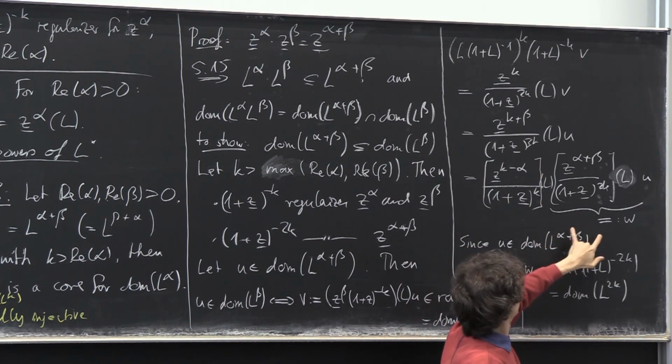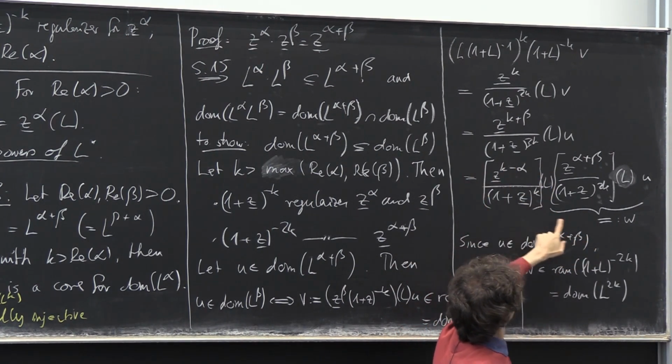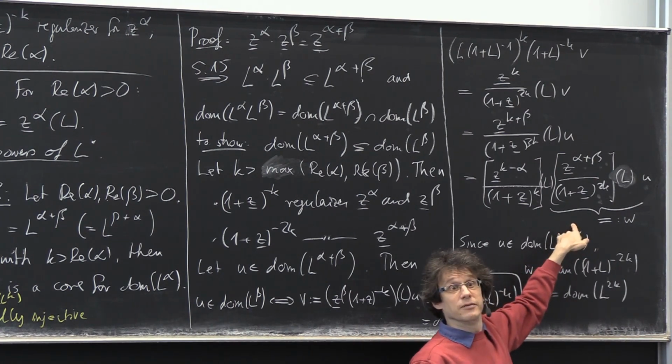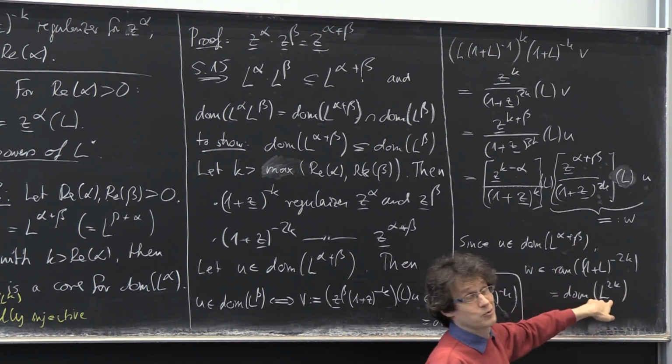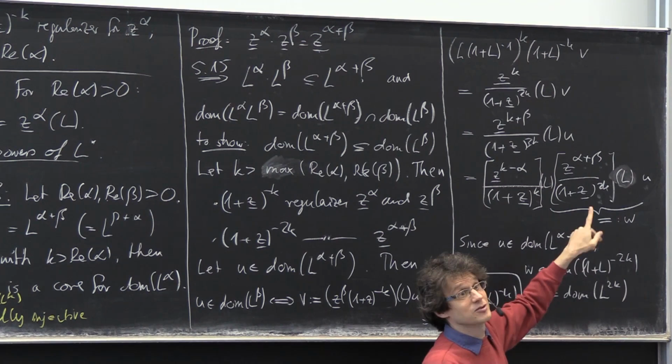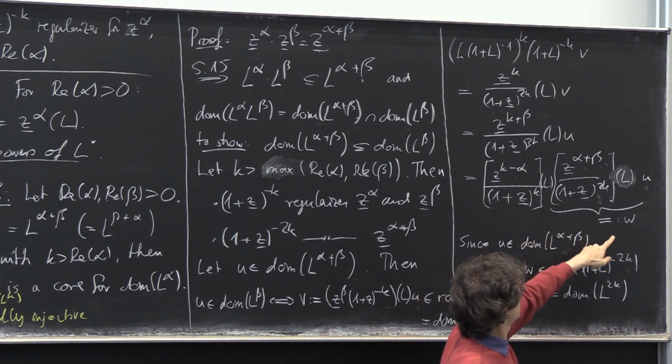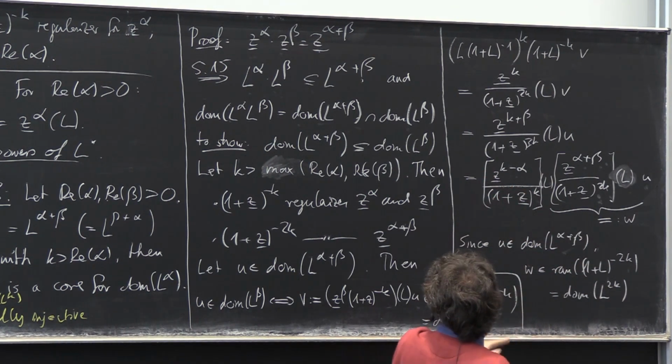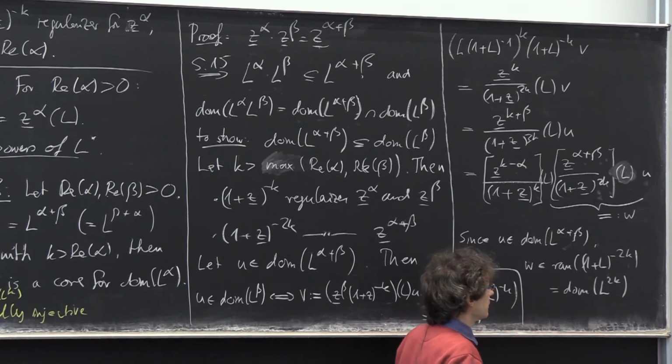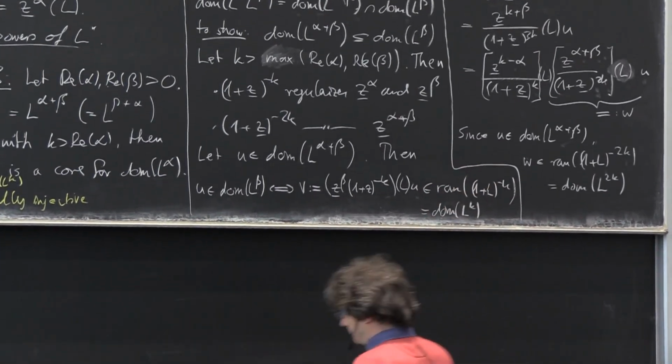So if W is in the domain of L, then this operator applied to W is again in the domain of L. And so I have a power of 2k, so I apply this result 2k times, and I get that this whole thing is in the domain of L to the power 2k. And so this is Corollary 5.17.